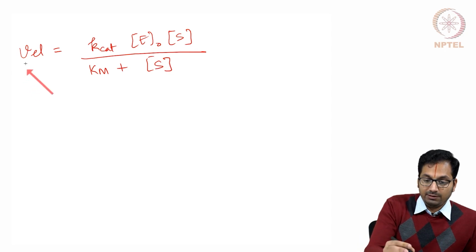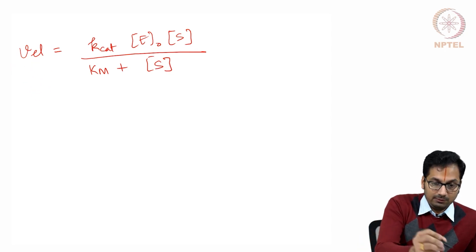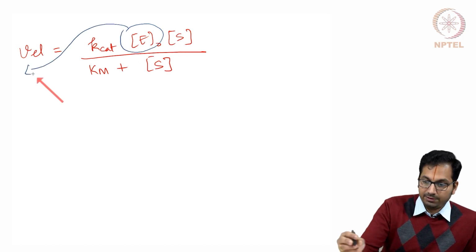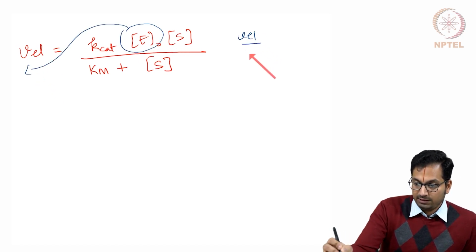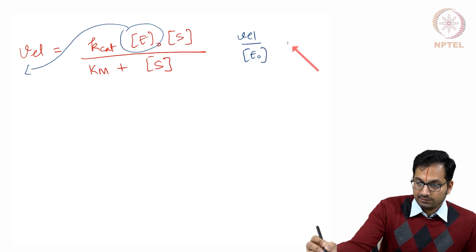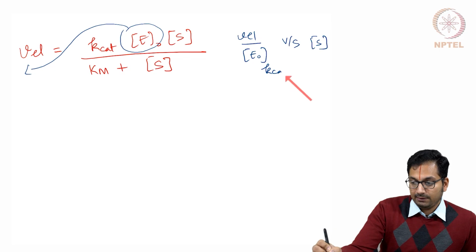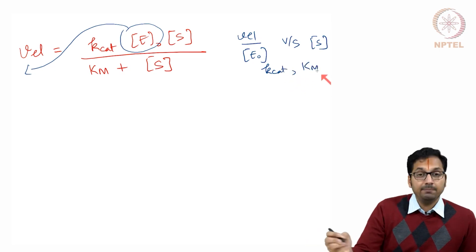Of course, what we have done here is to take the E0 to the denominator, so that makes it velocity divided by E0 as a function of S, which is what we just plotted to get Kcat and capital Km.